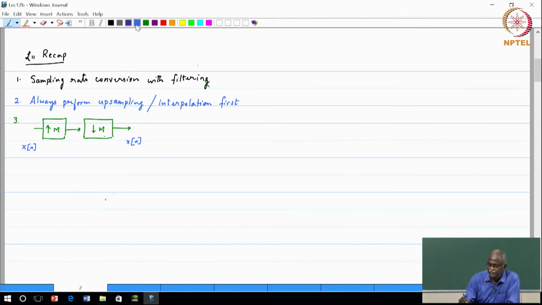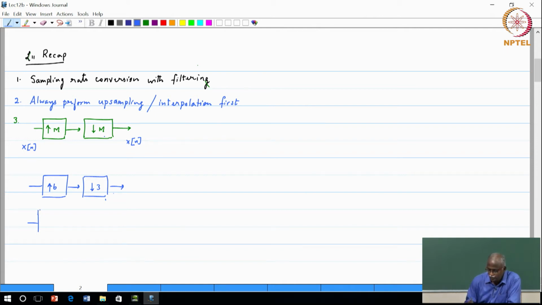This also leads to an interesting observation. So if I have upsampling by a factor of 6, downsampling by a factor of 3, you will agree that upsampling by a factor of 6 says I am going to insert 5 zeros between every pair of samples.